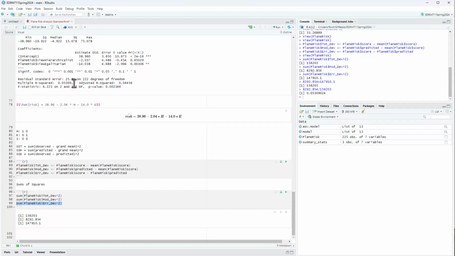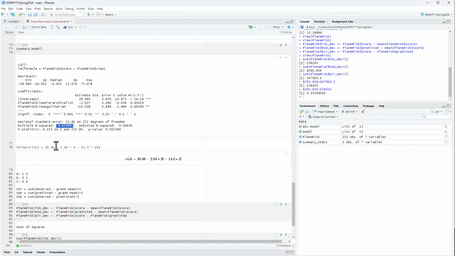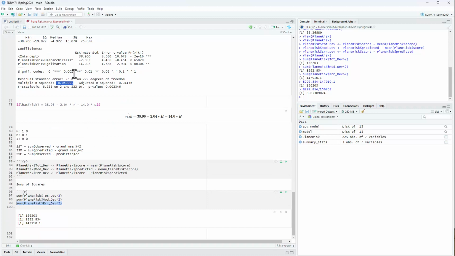Look back here. 0.053. That was the coefficient of determination. That is the portion of the total sums of squares we can explain. We can explain 5% of the sums of squares.